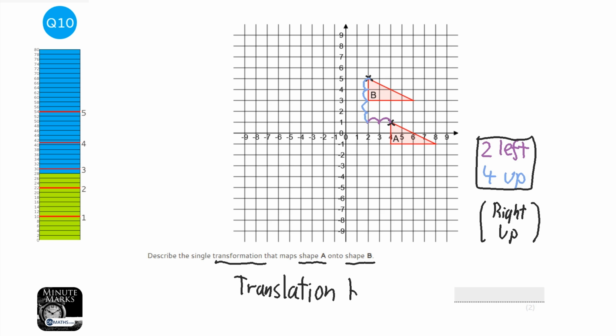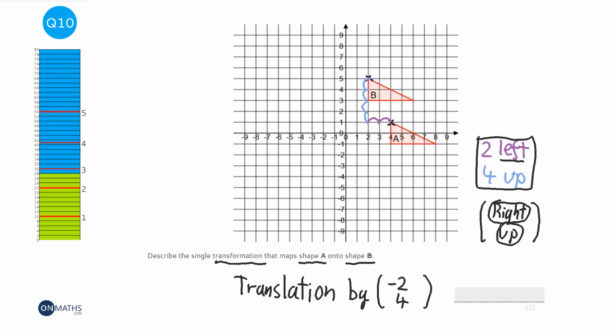So translation by, there's different words you could use there, and the number at the bottom, it's gone 4 up. So it's just a 4 there. Now, here's a problem. This is how far right it's gone, but it's gone to the left. Well, we just simply put -2 right. Now, be careful, don't ever put a fraction line between the -2 and 4. It's not a fraction, okay? So don't ever put the fraction line in.